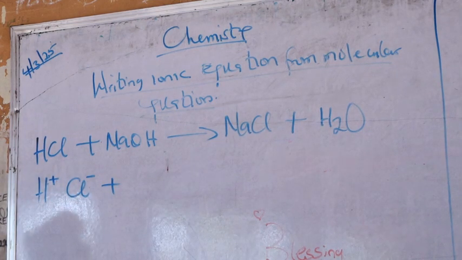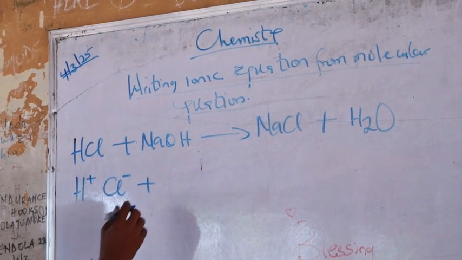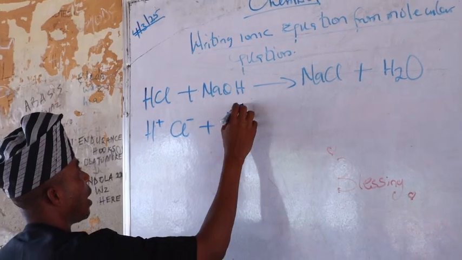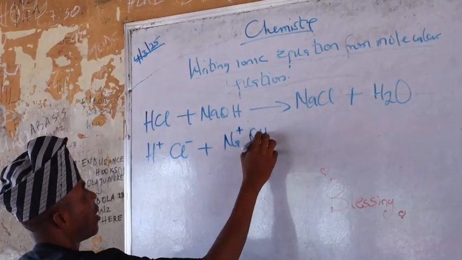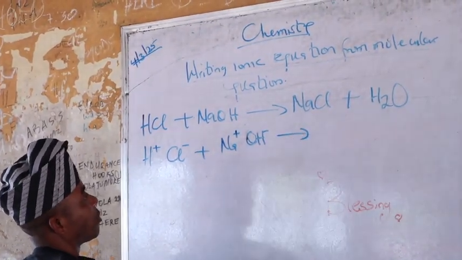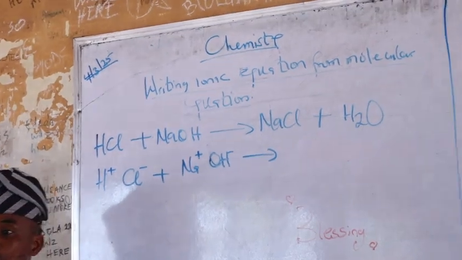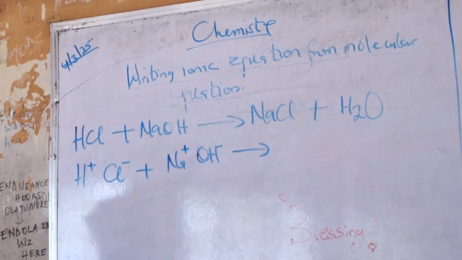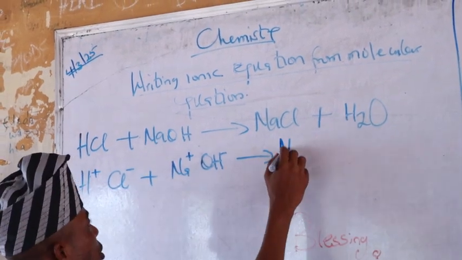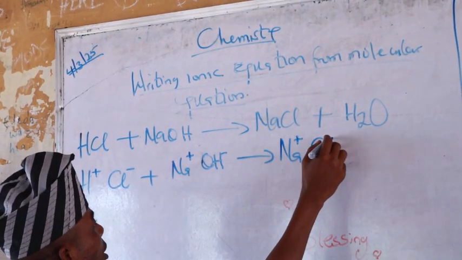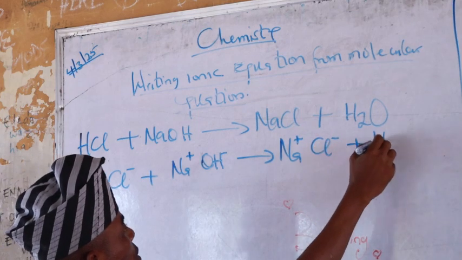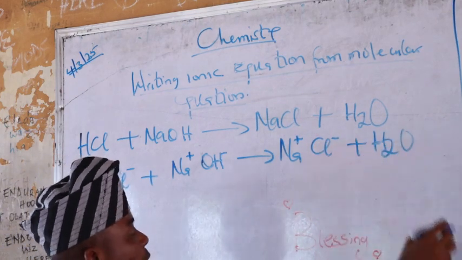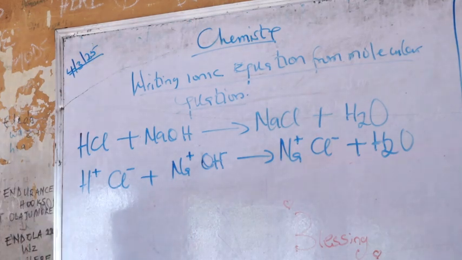The sodium hydroxide is also an example of a strong electrolyte. It will dissociate into sodium ion and the what? Hydroxyl ion. Sodium chloride is an example of a strong electrolyte. It will dissociate into sodium ion and the chloride ion. And of course we say water cannot be split into ions, and all gases.